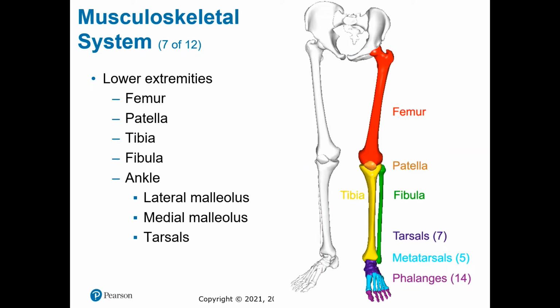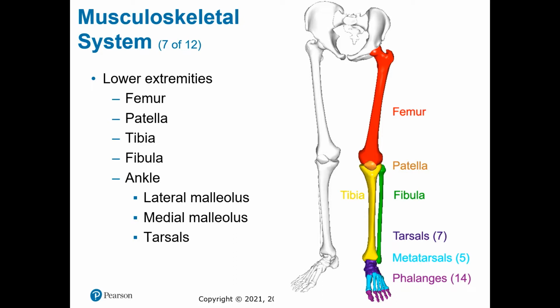In your lower extremities, you have your femur, which is the big long bone there, and then your patella, which is the kneecap itself, the fibula, which is the outside bone, it's a smaller bone, then the tibia, which is on the inside, and then you have your tarsals, your metatarsals, and your phalanges.